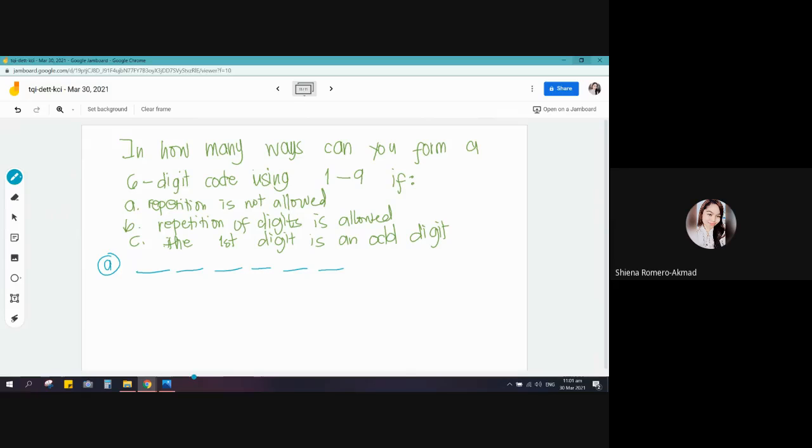How many numbers do we have from 1 to 9? 1, 2, 3, 4, 5, 6, 7, 8, 9. So we have 9 numbers.